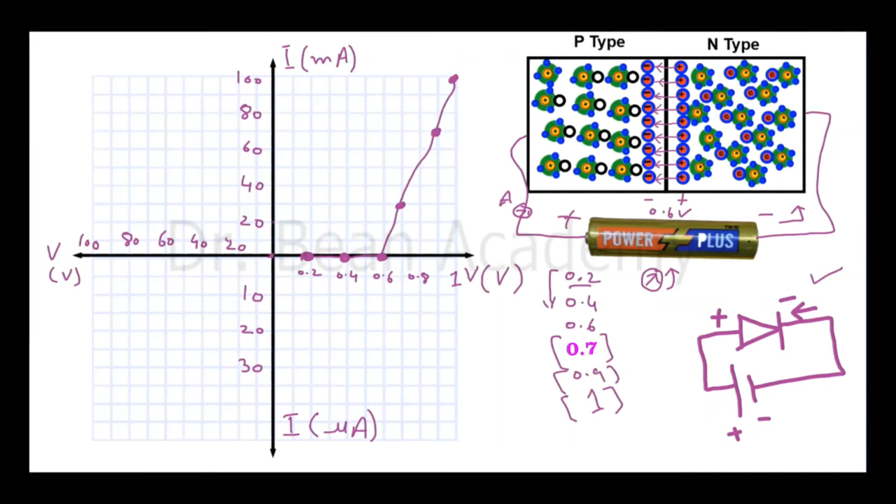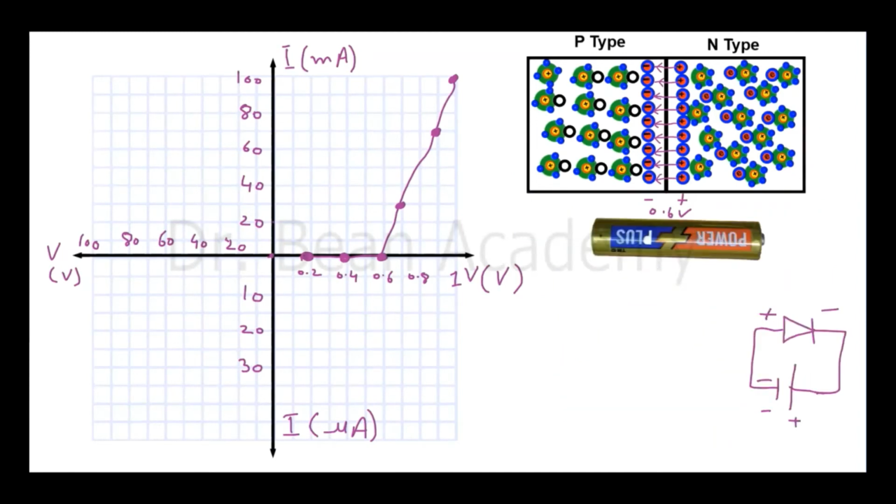Now let's see what happens when I connect the PN junction diode in reverse bias mode. So I have reversed the sides of the battery, and now this is the positive end of the battery, and I connect it to the n-type side of the PN junction, and this negative side I connect to the p-type side. Just assume that I have an ammeter in series which will tell me the values of the current, and I have a voltmeter which will tell me the values of the voltage.